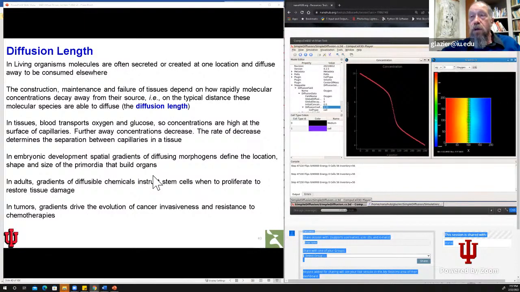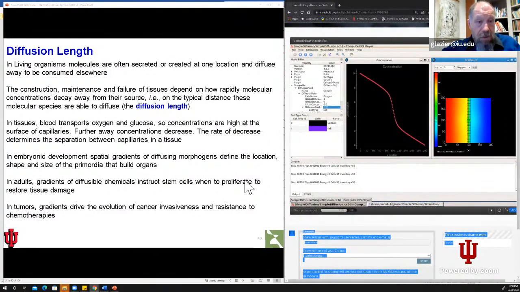And this is also quite important because in addition to the question of how long does it take for something to get somewhere, we have to know whether it gets there at all. And the diffusion length, again, is going to be critical. We're going to see the diffusion length, especially in the context of blood flow.